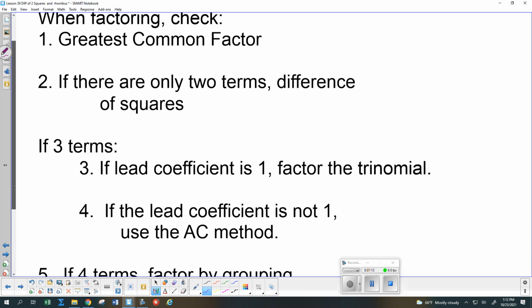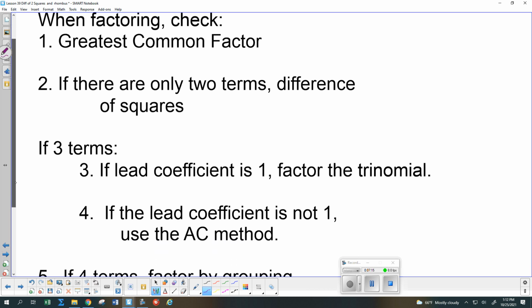Then look at how many terms there are. If you have two terms, the only thing we know right now besides GCF is difference of squares. We'll learn another one later if we have a cube plus a cube or a cube minus a cube. But right now we can only do square minus square.